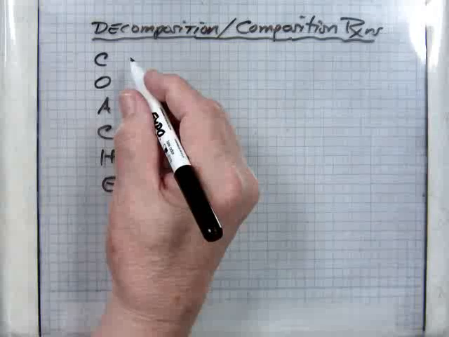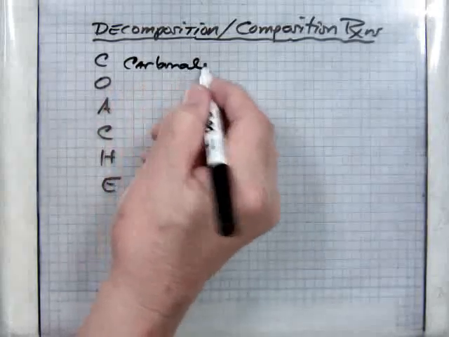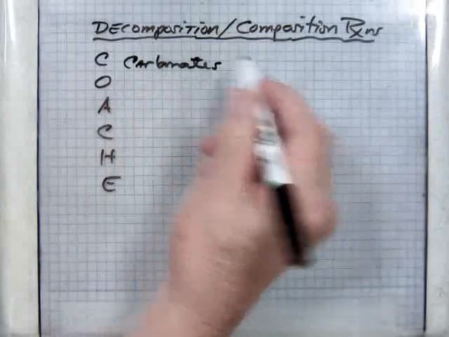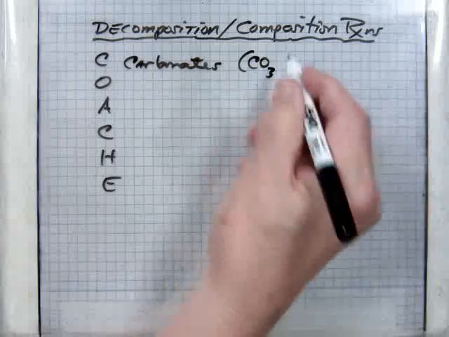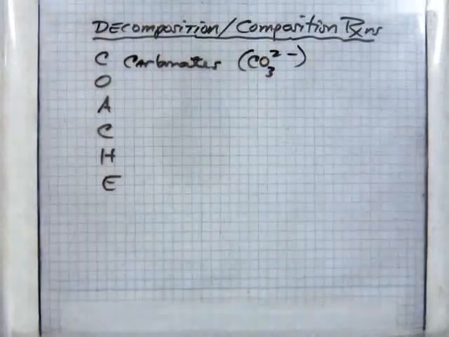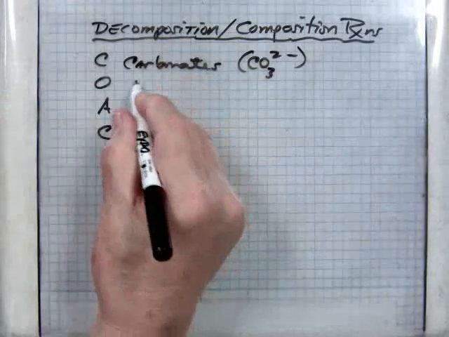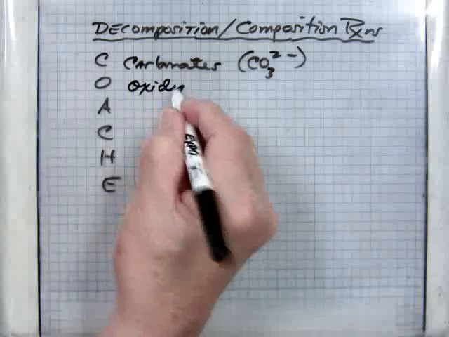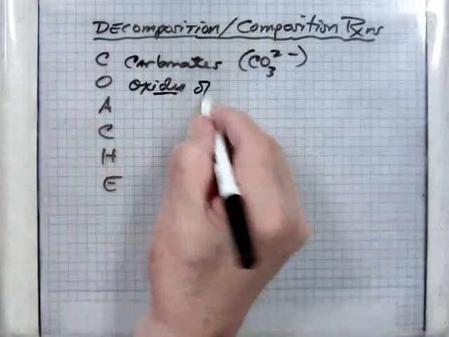These refer to carbonates, which are derivatives of the CO3 2- ion. And then you have oxides, meaning by themselves, oxides of metals.